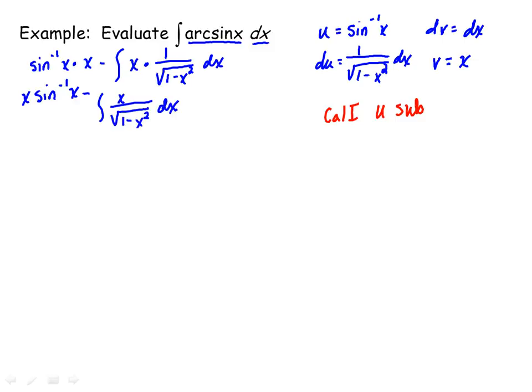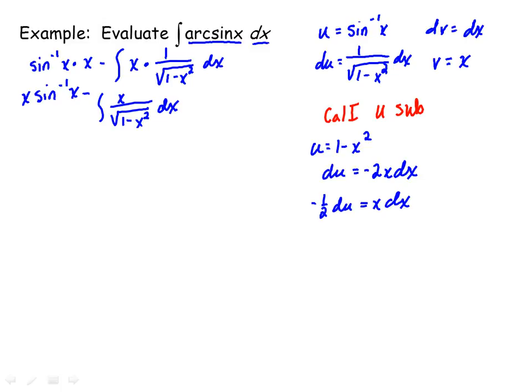What would you let u be? 1 minus x squared. So what is du? But I don't need a negative 2x. What do I need? Just an x. So by doing Cal 1 substitution, did that fix my integral? Can I integrate that? You got it right the first time.